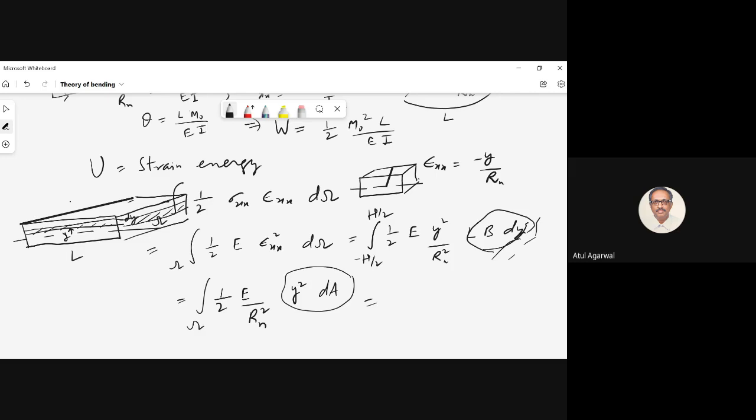If you integrate, E upon 2 Rn square Izz. Y is the distance from the z axis of this element. This was your z axis, so the distance of this element from the z axis is y.